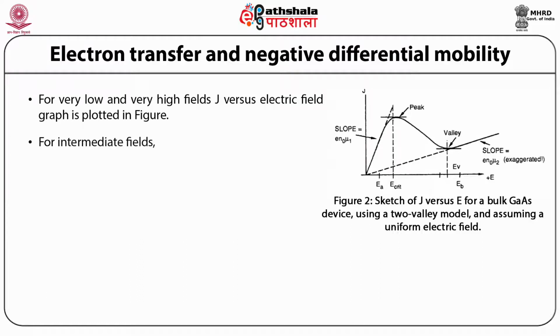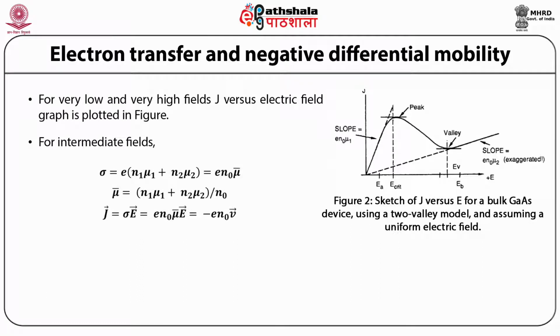For intermediate fields, sigma is e(N1 mu1 plus N2 mu2), equal to e N0 mu bar, where mu bar is (N1 mu1 plus N2 mu2) by N0. Now J will be equal to sigma E. It is equal to e N0 mu bar E vector, which is equal to minus e N0 v vector.